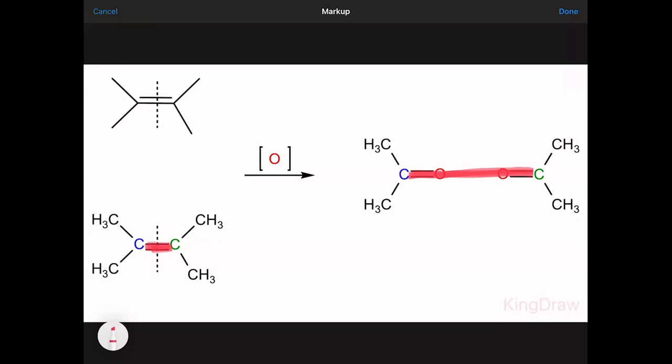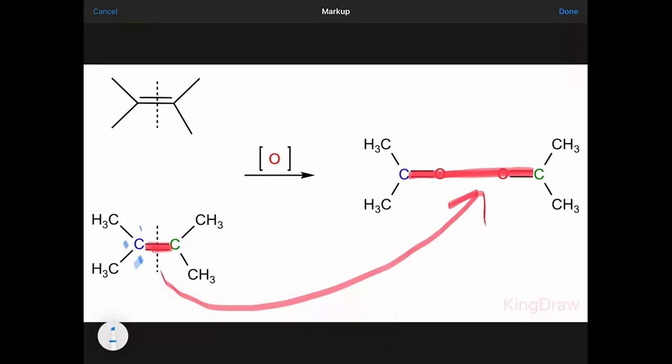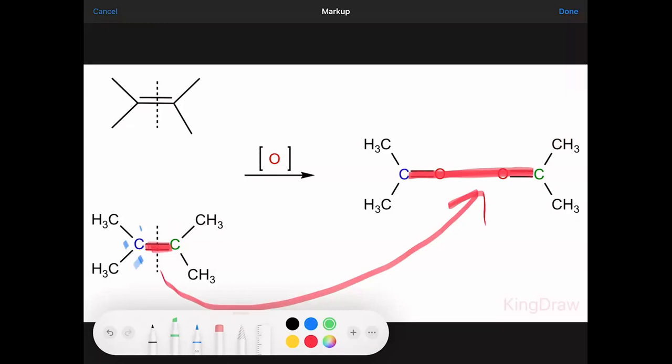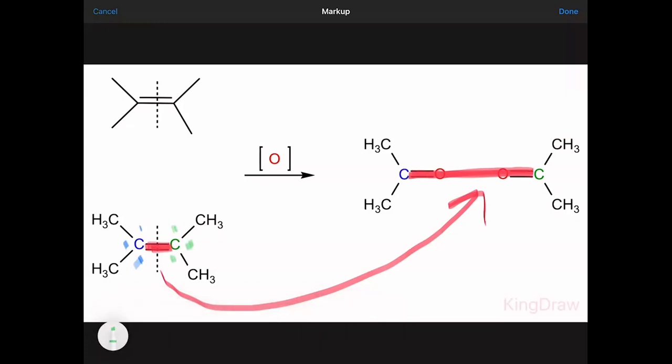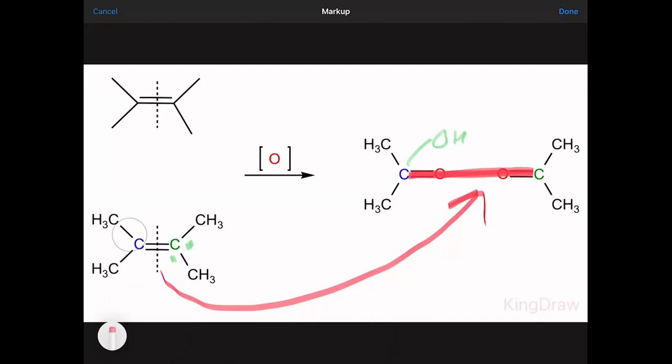Then we look for any hydrogens that were floating around. There, no hydrogens. Look at the other one. There, no hydrogens. So I can't add additional OHs there.